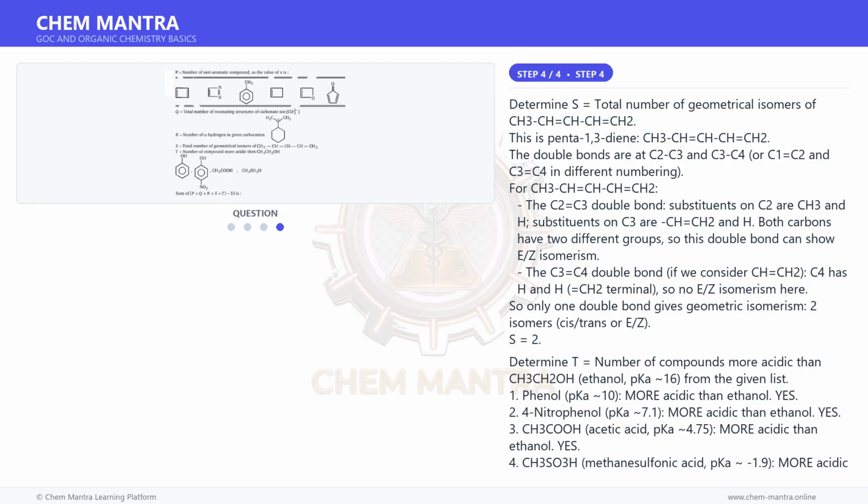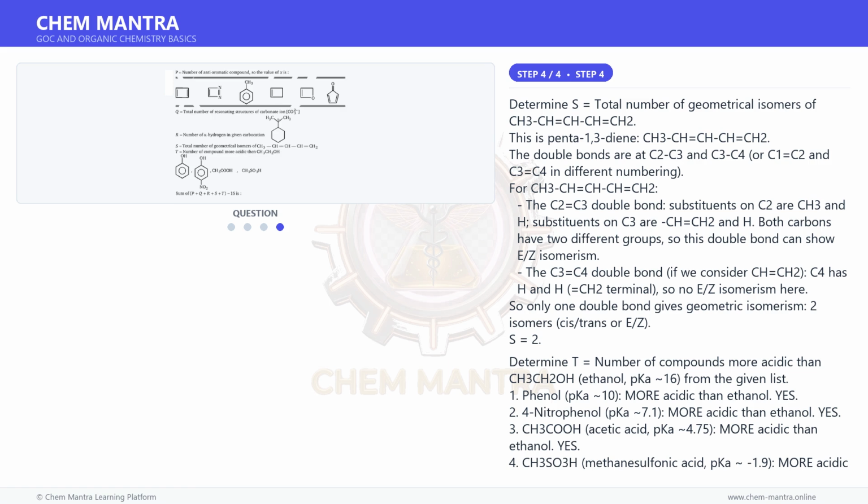And for the next step, determine S, the total number of geometrical isomers of CH3-CH=CH-CH=CH2. This is penta-1,3-diene. The double bonds are at C2-C3 and C4-C5, or C1=C2 and C3=C4 in different numbering.